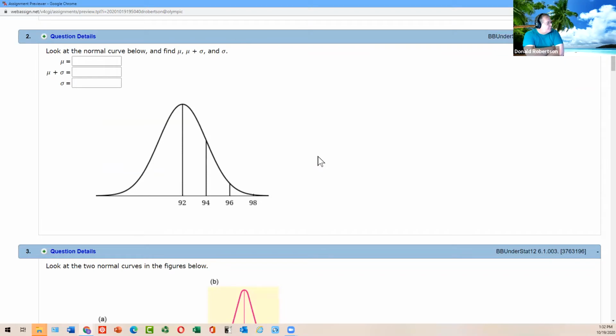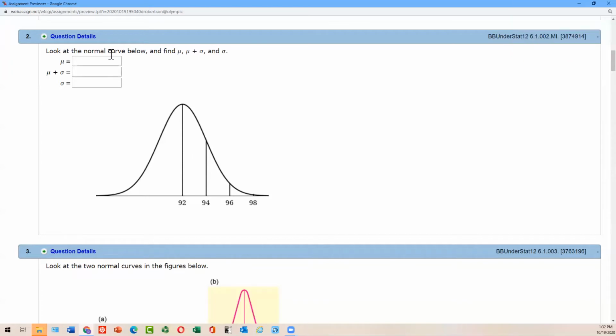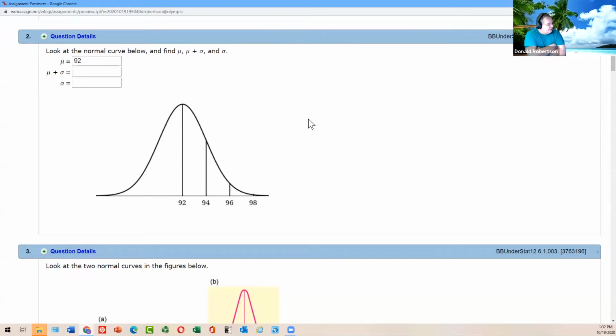Right, question 2. Here is a kind of simplified version of the things I was doing, but there's enough there to know what's going on. What number is the mean in this picture? Which number is the mean in question 2? 92. Yep. What's the standard deviation?